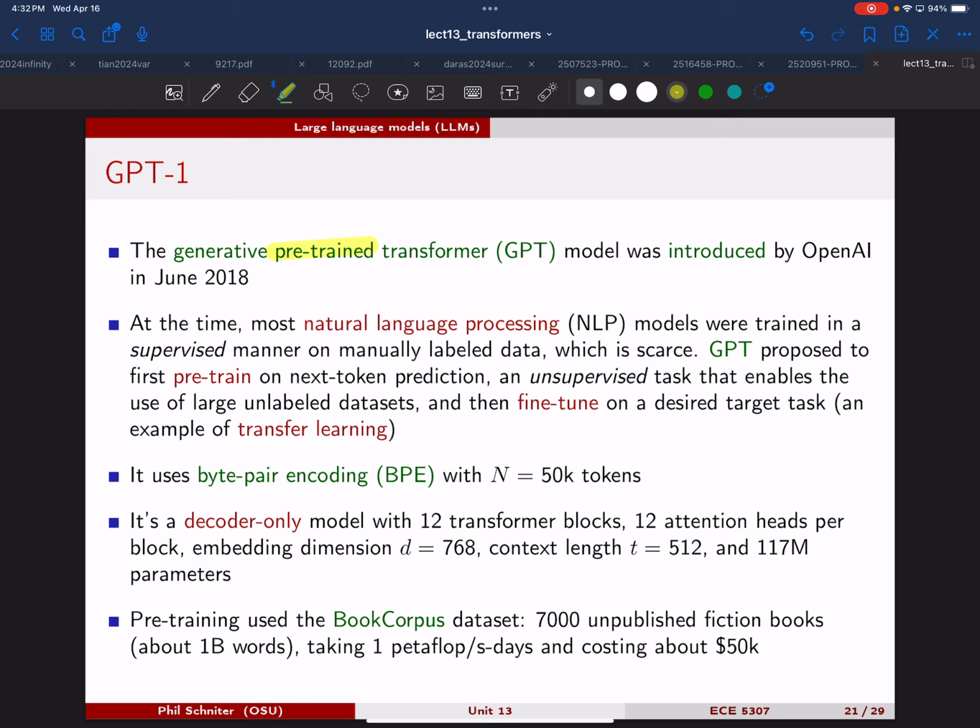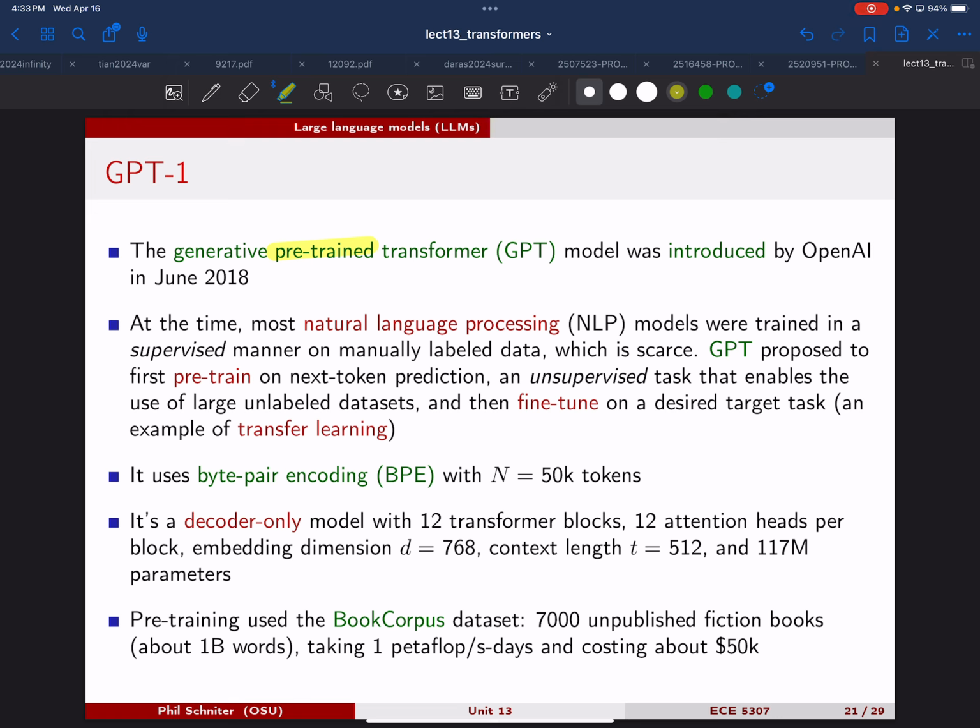It depends on the task. So maybe if you're training for movie rating prediction, you have a movie review and a rating that's a number of stars, and you want to predict the number of stars using the text. So, various tasks where you need supervised training. You need a label in addition to the text.